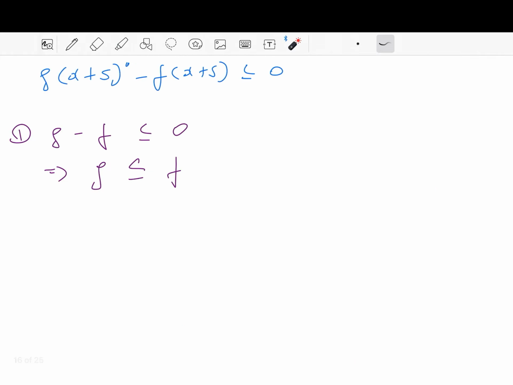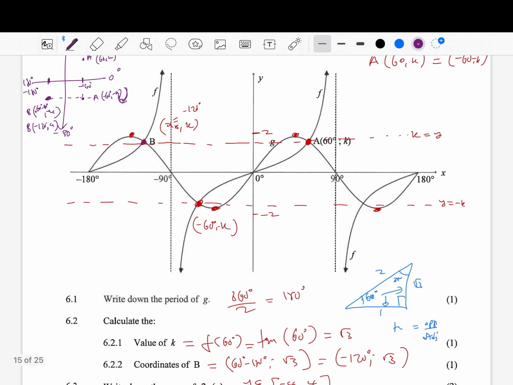The second thing it says is that you are shifting both g and f 5 units to the left. So number one, we've discovered that f is greater than g at this point.